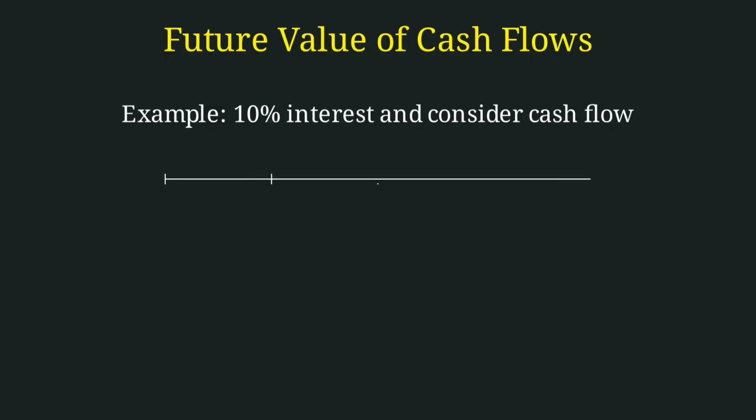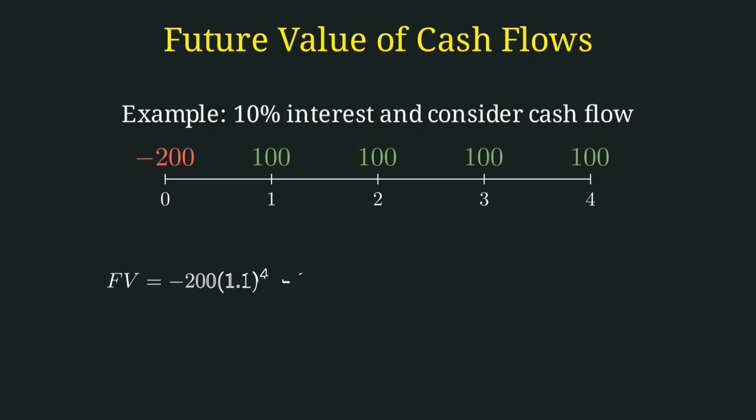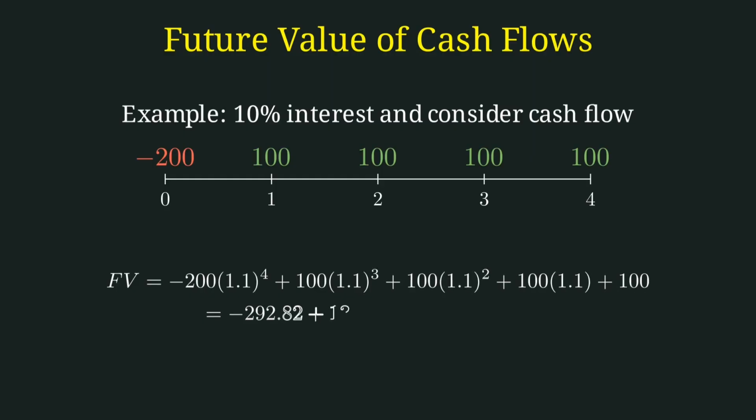The next point is the future values of cash flows. For instance, consider a 10% interest on this cash flow, which is indicated on this timeline. The future value can be calculated using this formula, and you can work it out yourself. It is equal to 171.3.